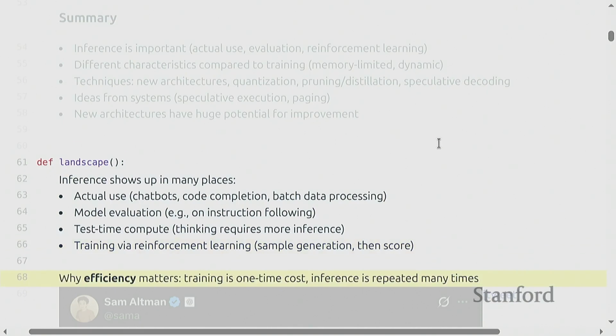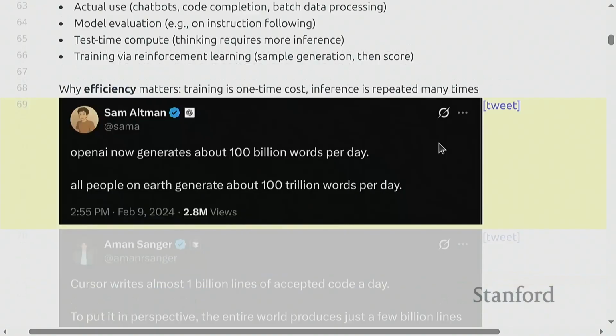So now, inference is important. The theme of this class is efficiency, and efficiency clearly matters. Training is a one-time cost, but inference you repeat multiple times. So here are some anecdotal stats on why inference is a big deal. Sam says OpenAI generates 100 billion words a day, which is quite a lot.